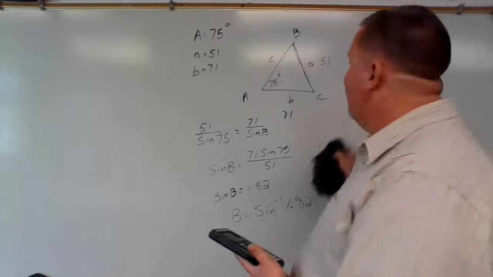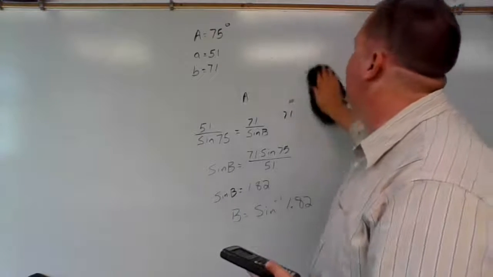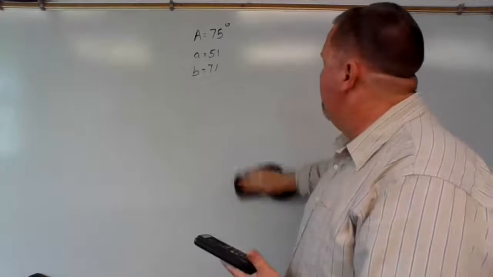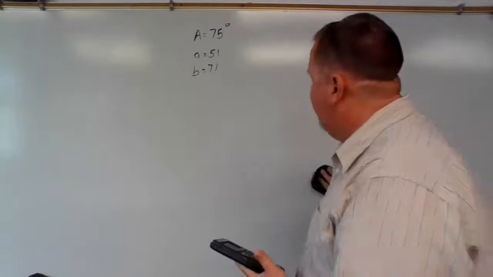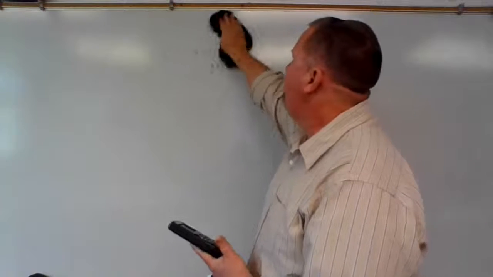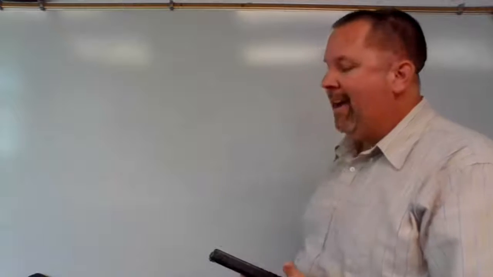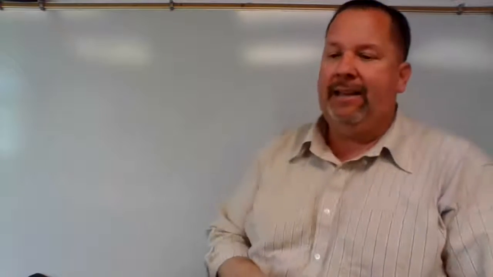I want to show you one last thing. I'm not even sure I need to do an example because it's really quick and easy, but maybe you remember how to find the area of a triangle. The formula for the area of a triangle is 1/2 base times height.